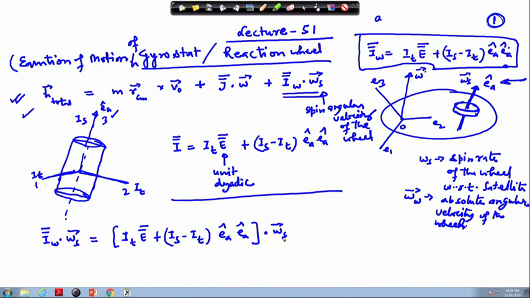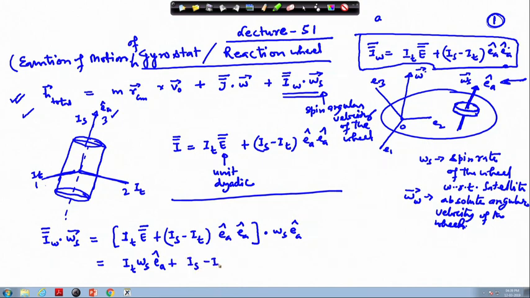So, instead of writing omega s like this, we can write it in terms of the unit vector along the E a direction, and then simplify. If we simplify, this gets reduced to I t times omega s, and as we can see, the dot product with the unit dyadic yields the same vector.